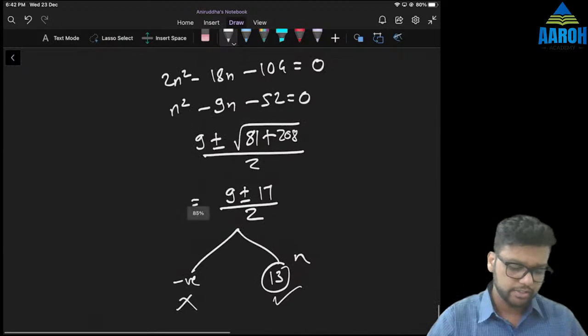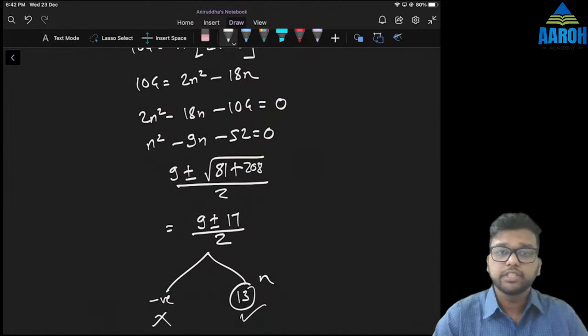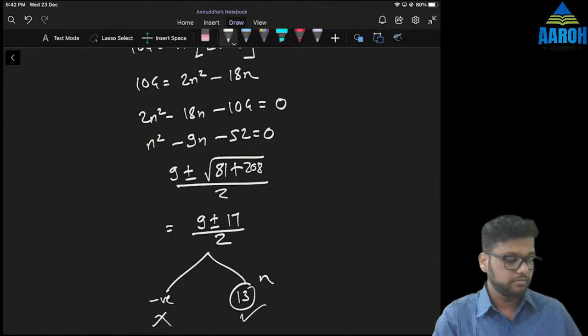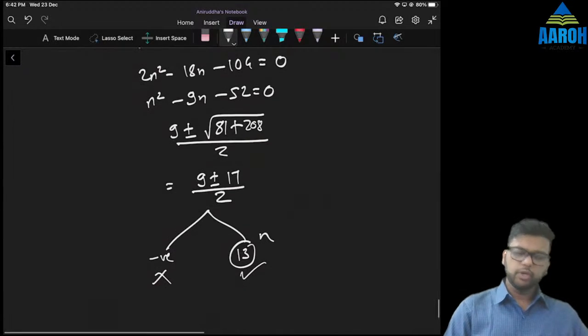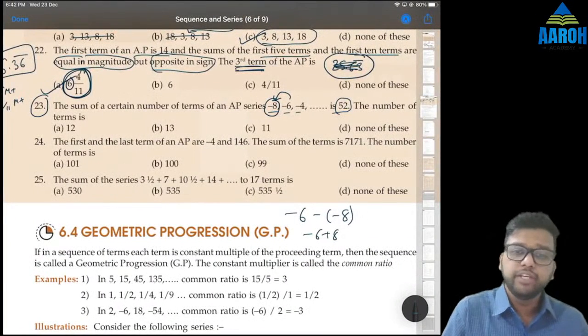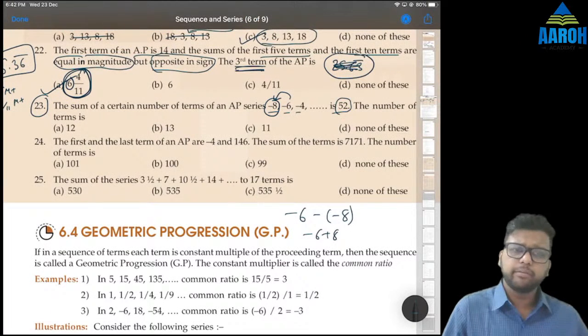Check if everyone has got this. You should be able to solve quadratic equations fast because they come in every chapter. So I hope everyone has got 13. 13 is option B. If any doubt, let me know.